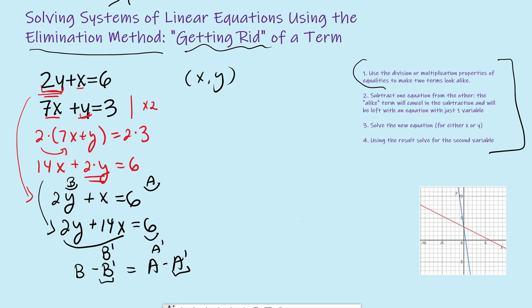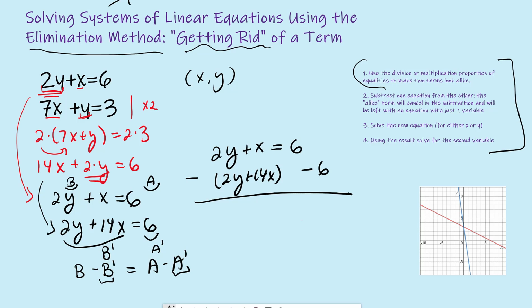So although 6 doesn't look like 2y plus 14x, we know that they're equal. So let's do that. We have 2y plus x equals 6. Now let's subtract from this side 2y plus 14x, and let's subtract from this side 6, because this is our A prime here, and this is our B prime.